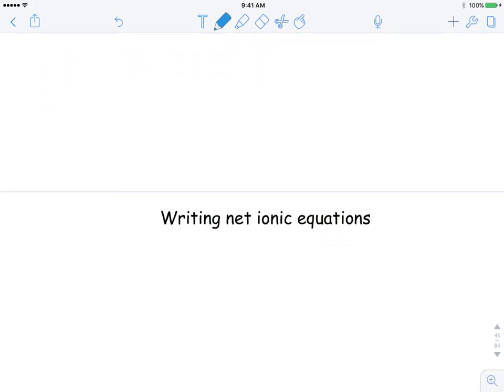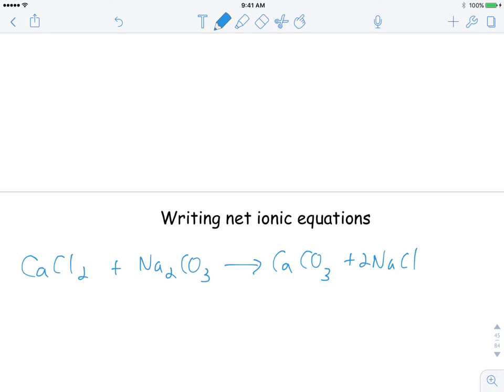Now, we did this in class, but just as a quick refresher, if I were to take something that might precipitate, let's say that we had calcium chloride and we reacted it with sodium carbonate. Well, if I wrote the products of this, I would get calcium carbonate and I would get sodium chloride, and I could balance this with a 2 in front.